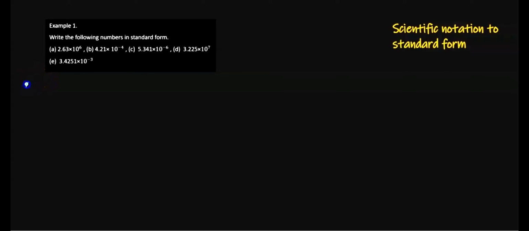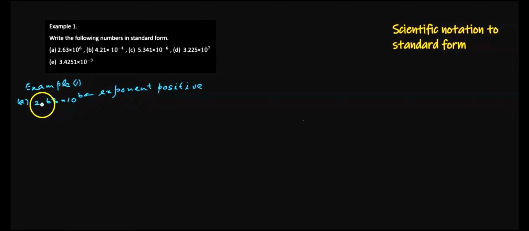Let's do example 1. In part A, the number is 2.63 into 10 to the power 6. The decimal point should be moved 6 places to the right.